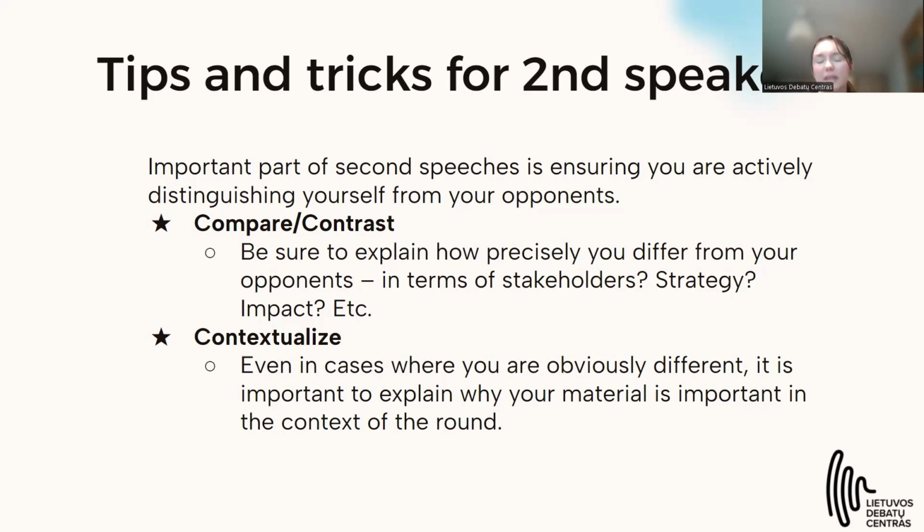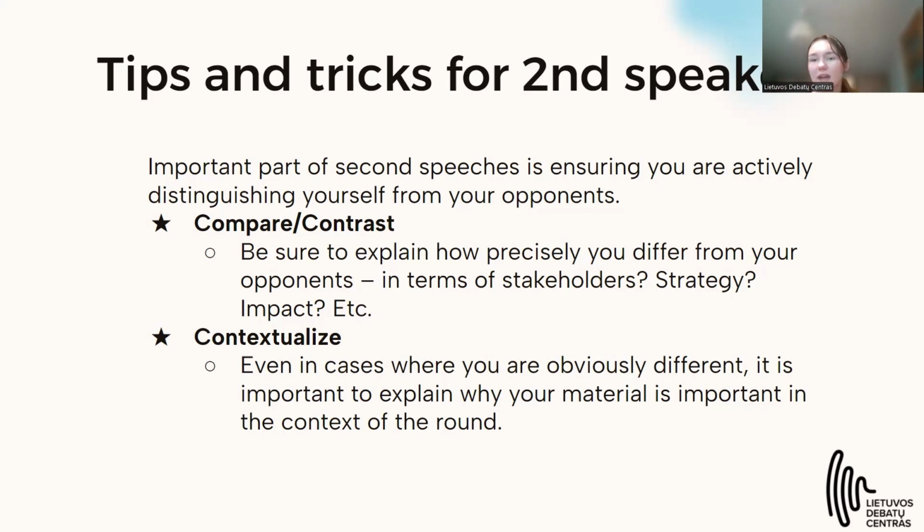But another thing that is important to do is to contextualize, right? So even in cases where you're obviously different, it is important to explain why your material is important in the context of the round, right? You could have the best argument about why tobacco is bad, but if you do not explain, essentially in the motion, why should we even care about why tobacco is bad, right?